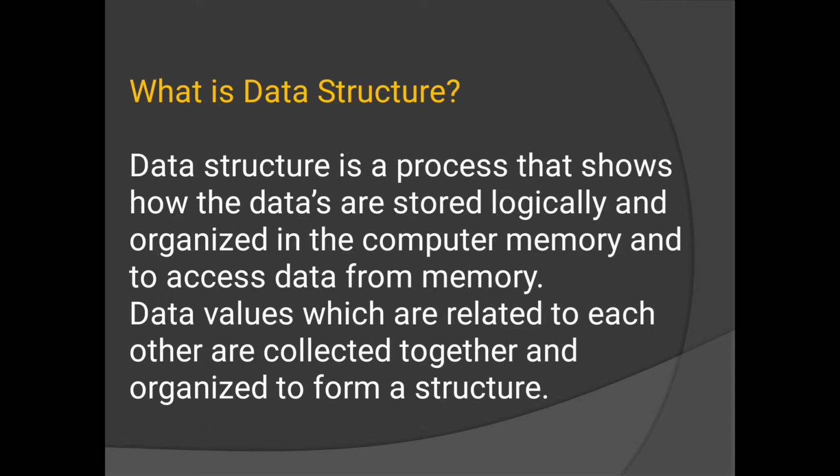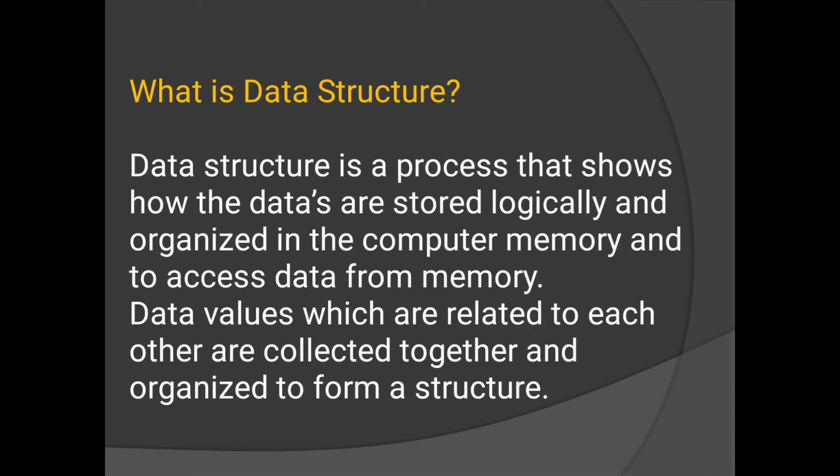So data structure is a process that shows how the data are stored logically. Since logically it cannot be seen, we will get an idea about how the data are stored logically and organized in the computer memory, and also how to access the data from the memory. The best example is using arrays, which we have seen in the arrays chapters.